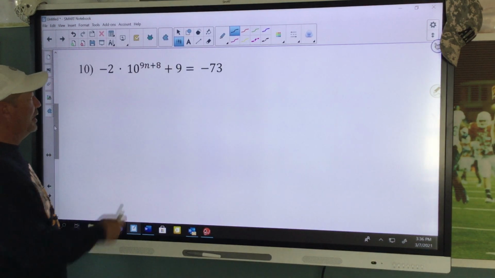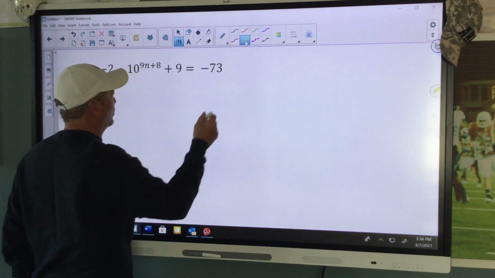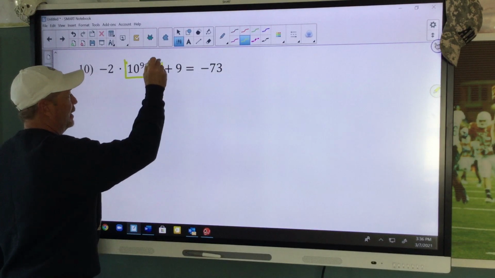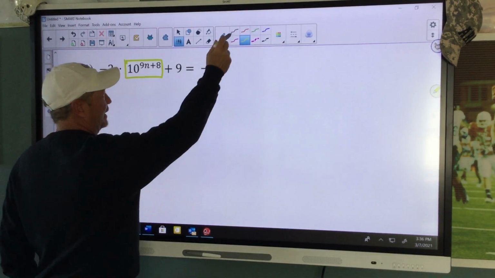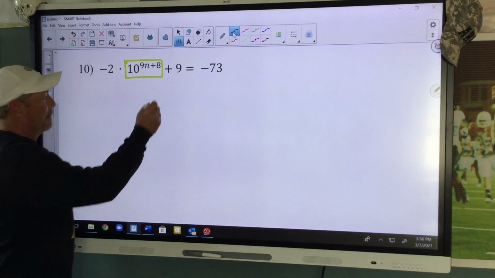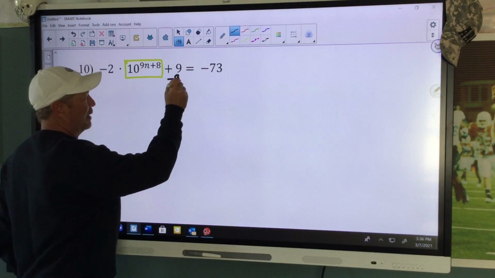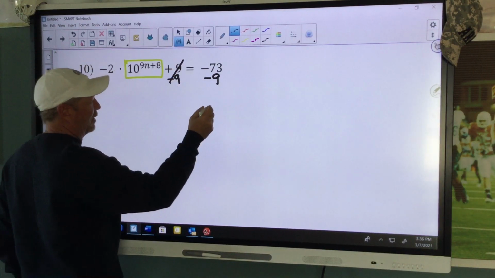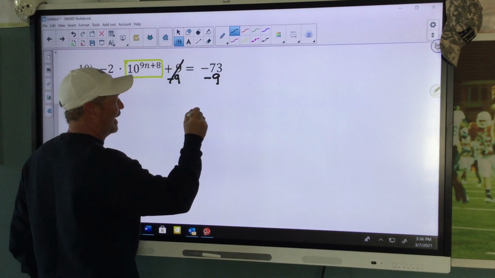Solving this equation, when it's an exponential equation, we're going to ask you to get the exponent portion by itself, to isolate that. So step 1 is we're going to move the 9. We're going to say minus 9, minus 9. That's going to give us a negative 82.